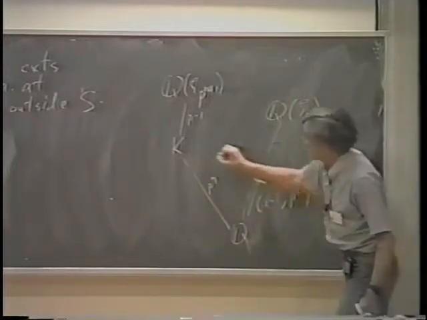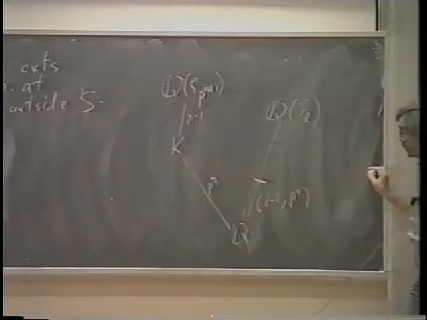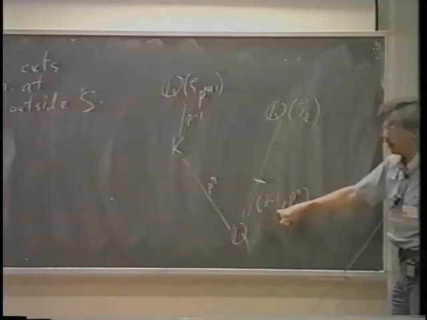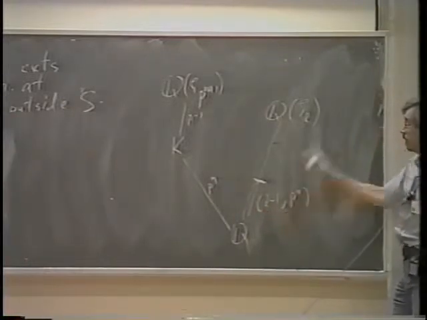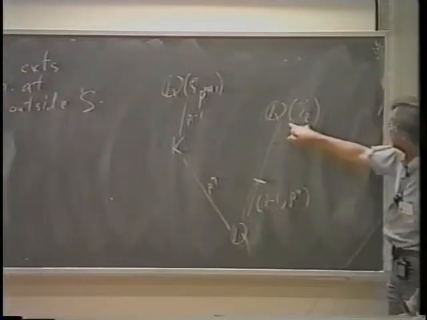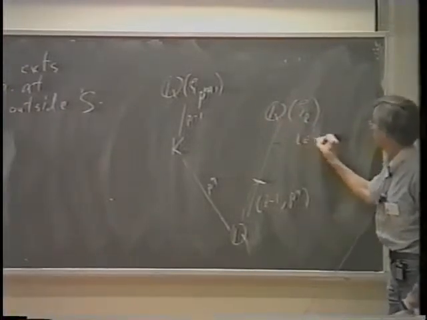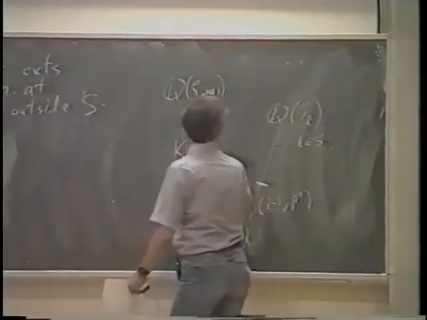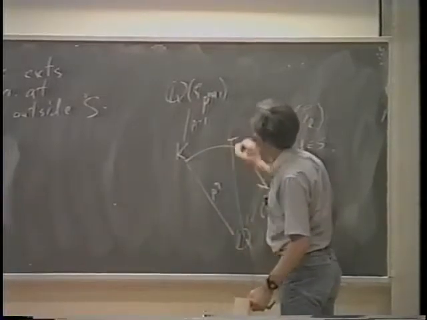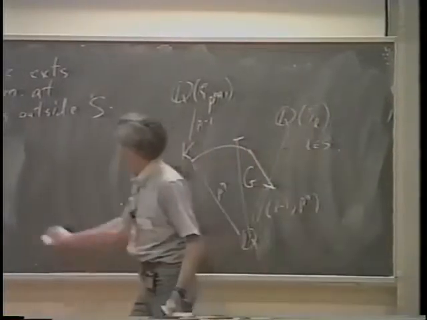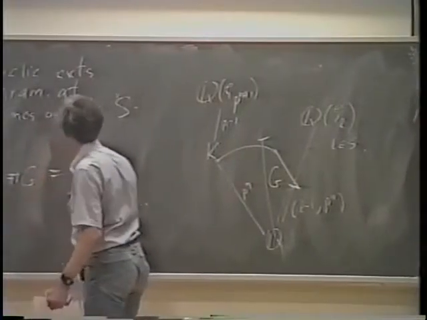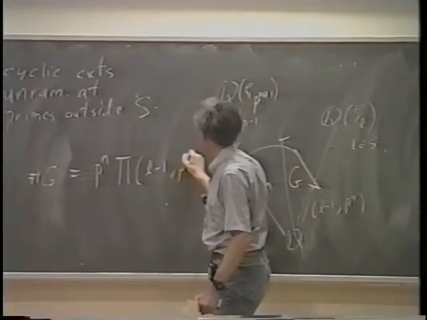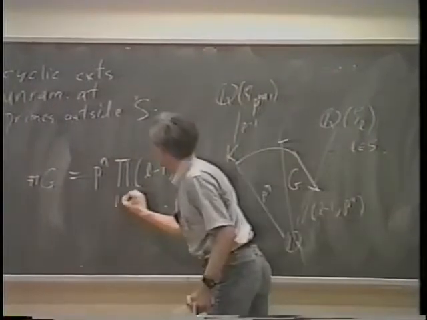So if I put all these ones together for L in S, I get p to the n times the product of the GCD of L minus 1 and p to the n, over all the primes L in S. And then I have no ramification outside S because I'm only looking at the cyclotomic fields for L in S. Well, so I get a Galois group by putting all these extensions together. Call it the group G. The order of G is p to the n times the product of the GCD of L minus 1 and p to the n, over L in S.